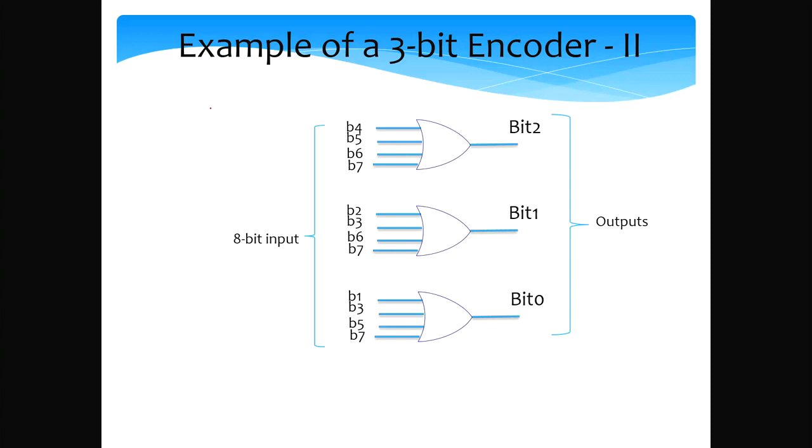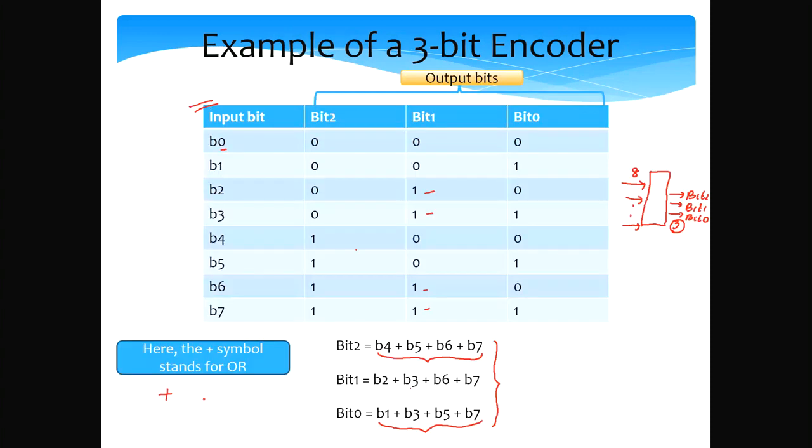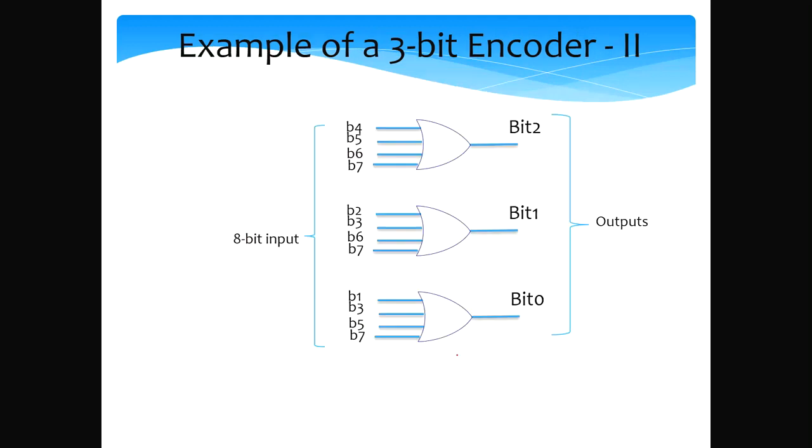Let's consider the circuit of a 3-bit encoder. It just has 3 OR gates. If you see the equations here, we are taking an OR of 4 bits. So each OR gate has 4 inputs and the inputs vary depending upon which output bit it corresponds to.